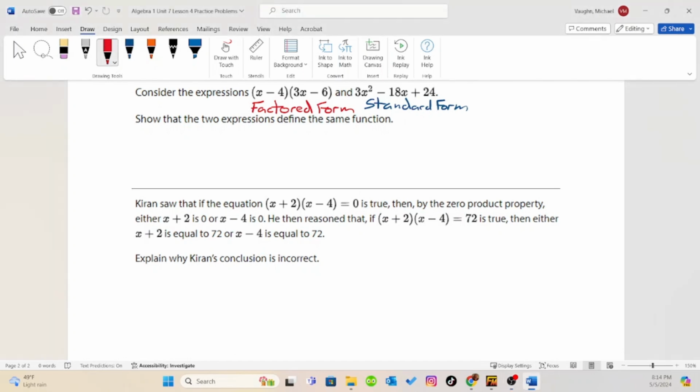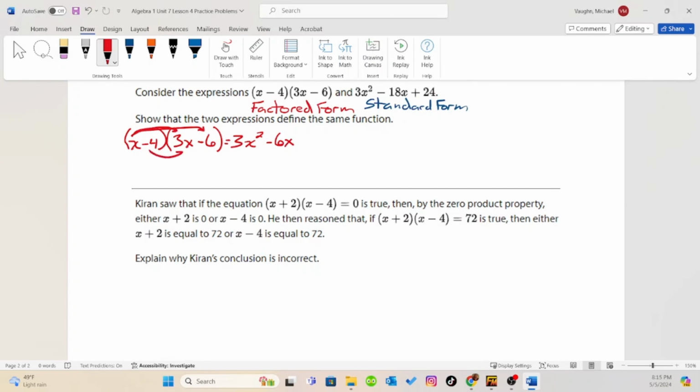So we're going to take the factored form, (x minus 4) times (3x minus 6), and we're going to use the FOIL method. x times 3x equals 3x squared. x times negative 6 equals minus 6x.